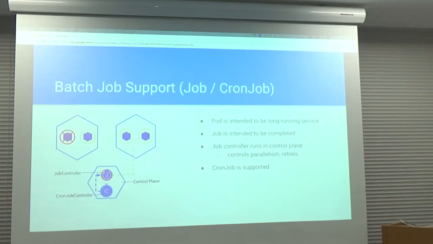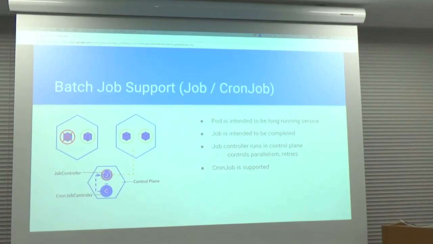And the final concept, batch job support. A pod itself is intended to be a long-running service, such as a web server application. However, we can run jobs in a Kubernetes cluster, of course.